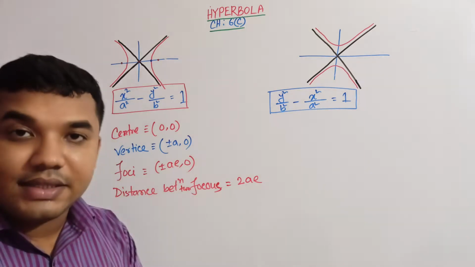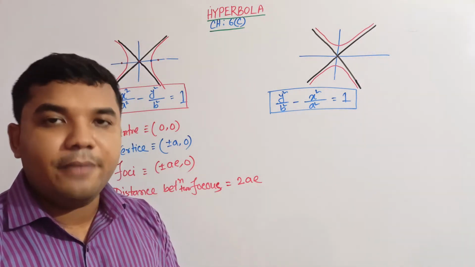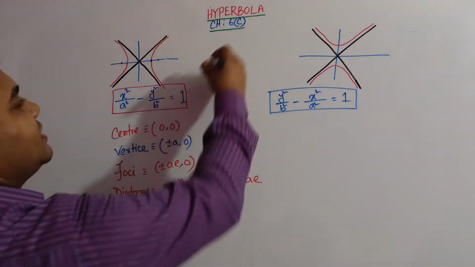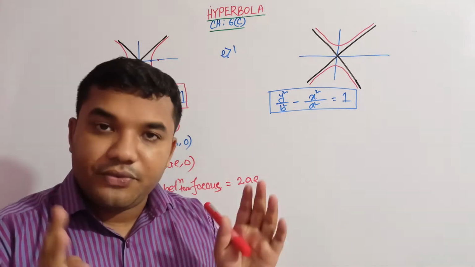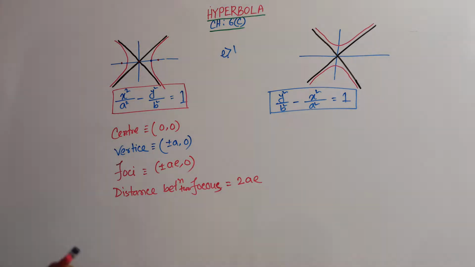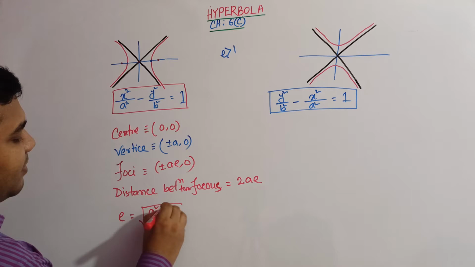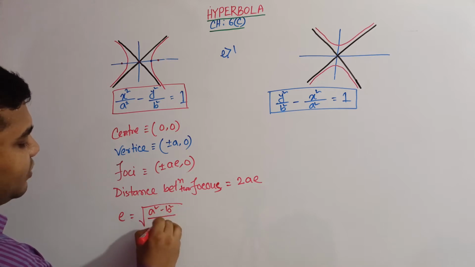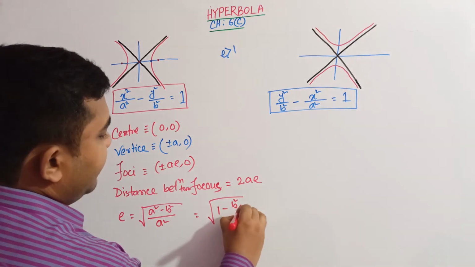Okay, after understanding this part, we will go for what actually the e is. e is the eccentricity, and in the hyperbola, we know that the eccentricity must be greater than 1. Then we can say our eccentricity should be root over a square plus b square by a square, that is, it can be written as root over 1 plus b square by a square.